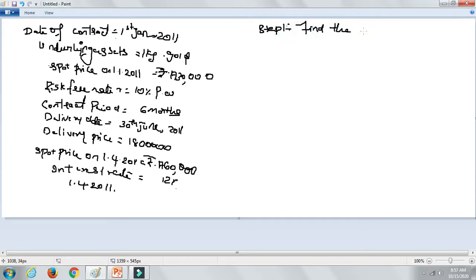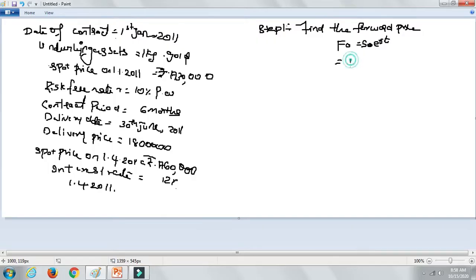find the forward price. It is very difficult to get the handwriting on this. The formula is F0 = S0 e^(rT). S0 is nothing but the current prevailing price on 1st April that you are supposed to take, because we are calculating the profit and loss on 1st April.